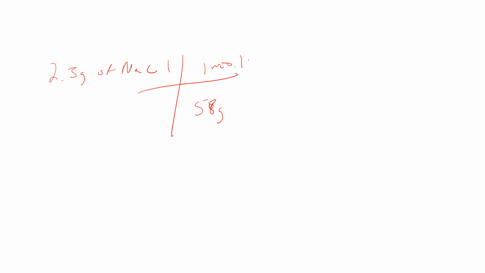We get 0.396, and in this case, we can do 0.040 basically. So 0.040 moles of NaCl, and then we got 0.06 moles of AgNO3. So this is our limiting, right?